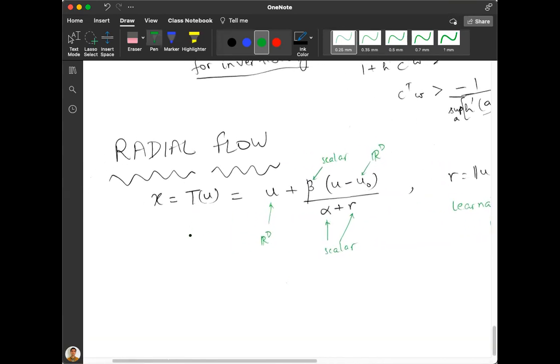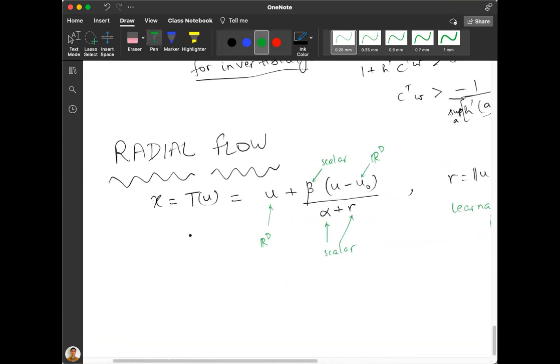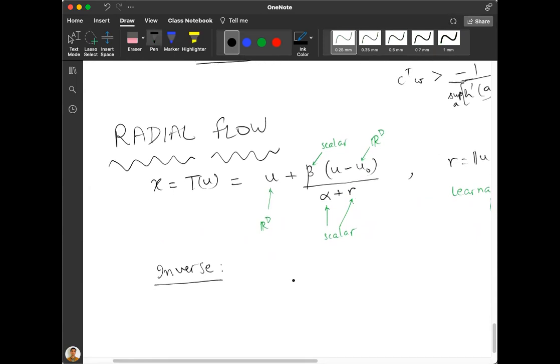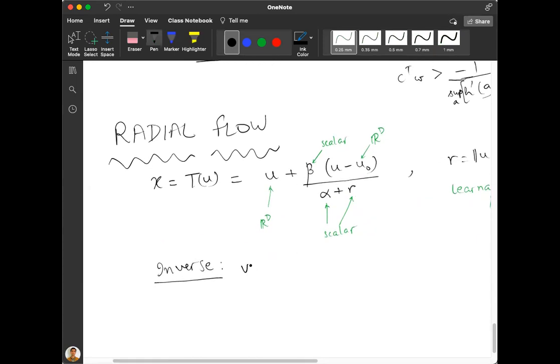Good. Now let's compute the inverse. What is the inverse? I think it's very difficult again. Very difficult, non-trivial.